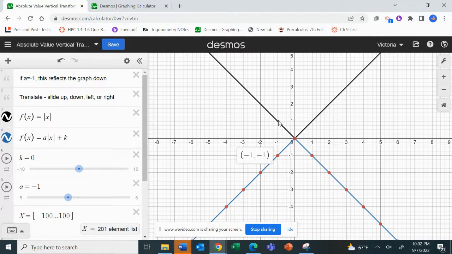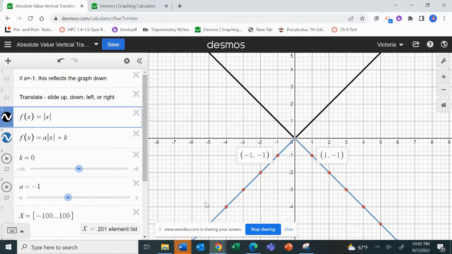Here and here, we still have the same x value, but our y values changed from positive to negative. Right here at 1, -1, we still have the same x value as the original, but our y values changed. So that's what a negative will do.